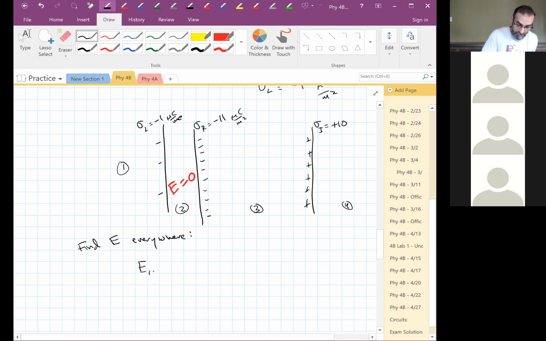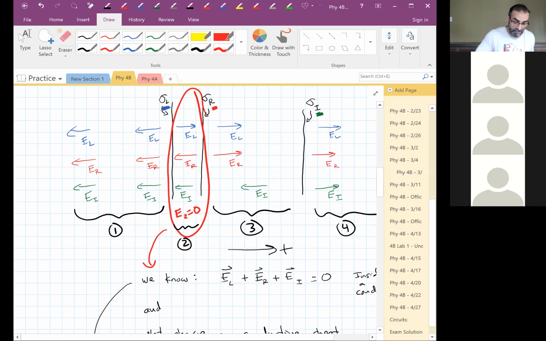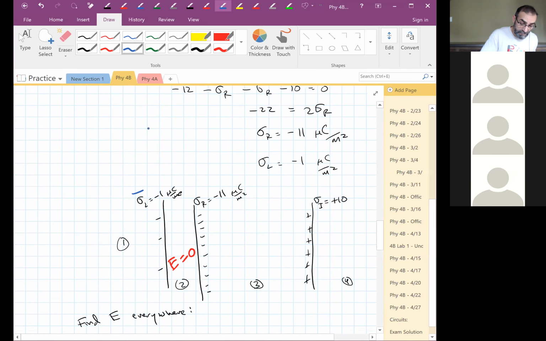So E1 is going to be, I forgot what colors I used earlier. Should I be consistent? Blue, red, green. Okay, so the blue one is negative, right? So it's producing an electric field in this direction.